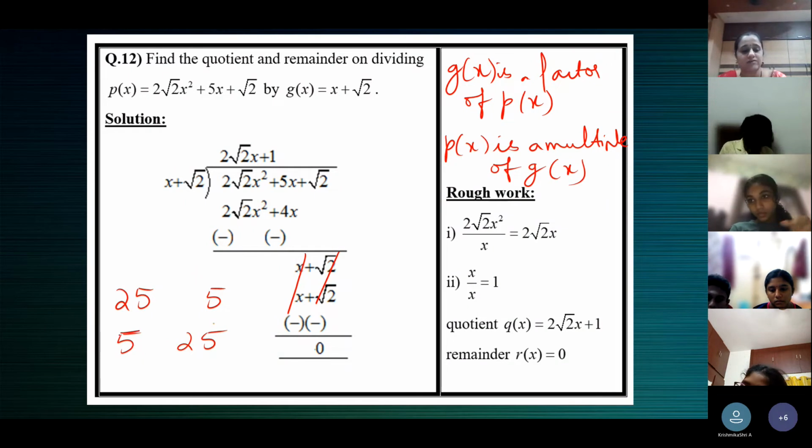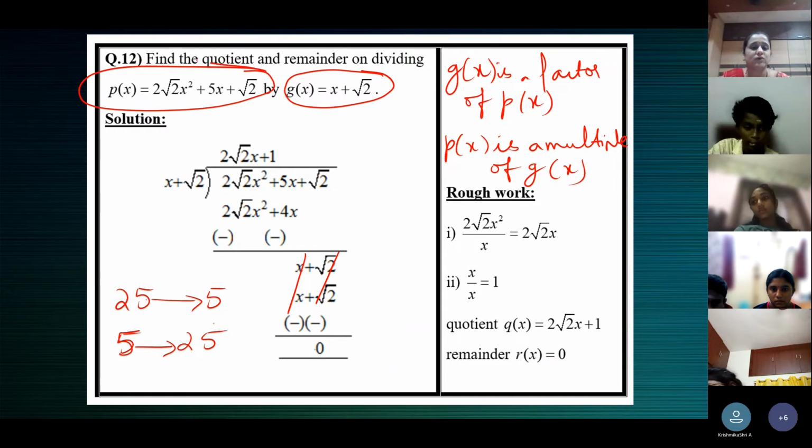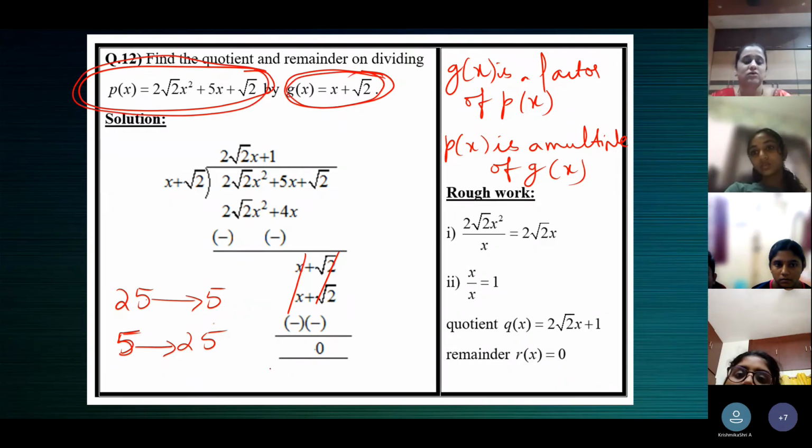In the same way, g of x is a factor of p of x because the remainder is 0, or p of x is a multiple of g of x.